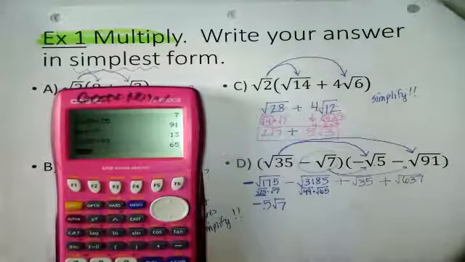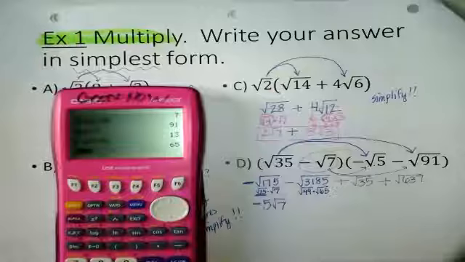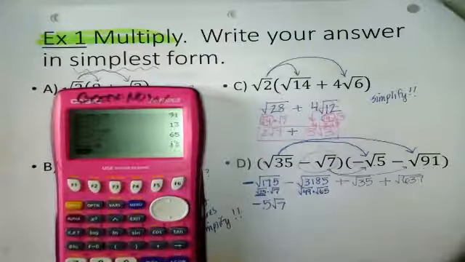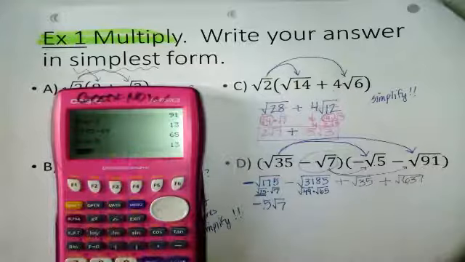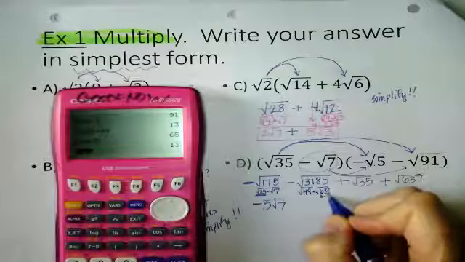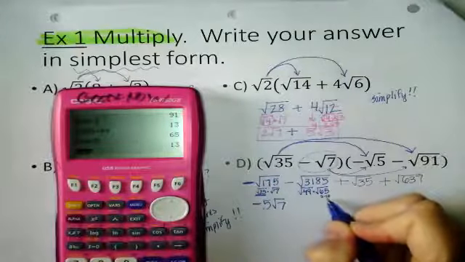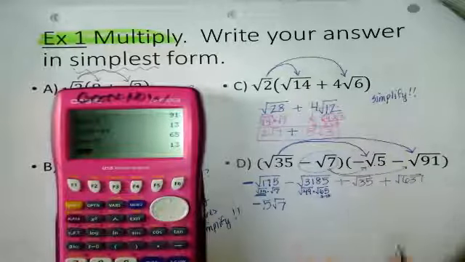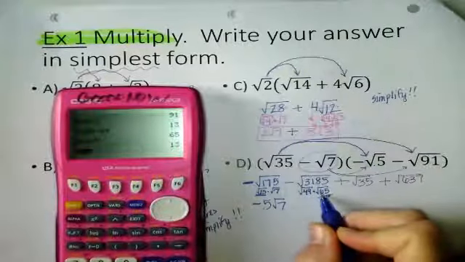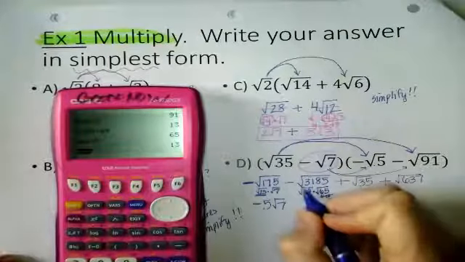65 is divisible by 5. I just want to make sure. Yeah, so 5 times 13 is 65. Those are both primes, and 5 times 13 doesn't have any perfect square numbers in there. So that 65 doesn't simplify anymore.